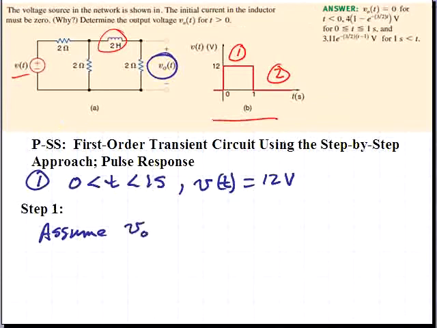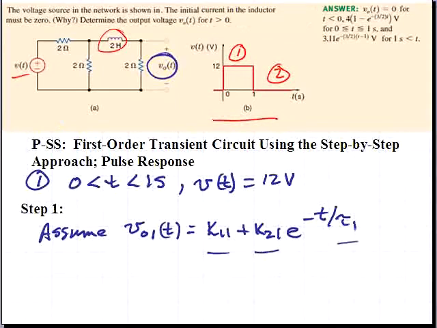So we're going to assume vO1(t) is equal to K11 plus K21 e to the minus t divided by tau 1. Here we have two coefficients K11 and K21 as well as a time constant to be determined. The second subscript refers to the fact that we're looking at the solution in this interval during which the pulse is at its 12 volt level.